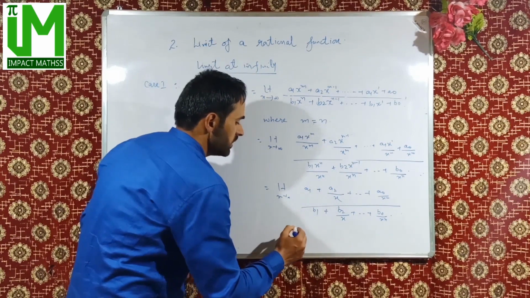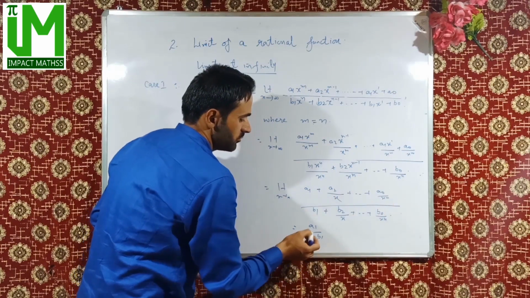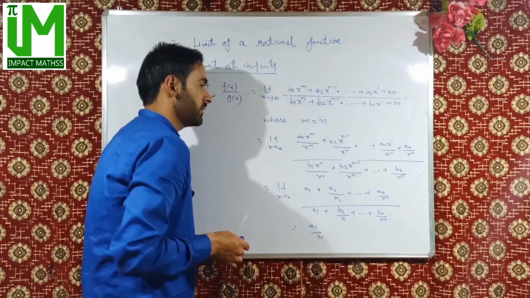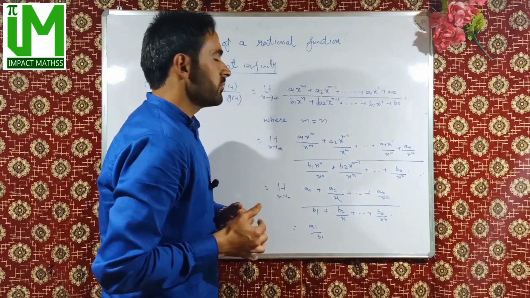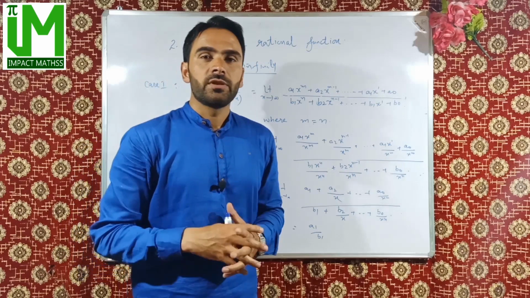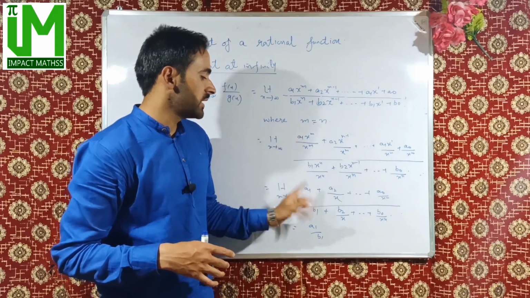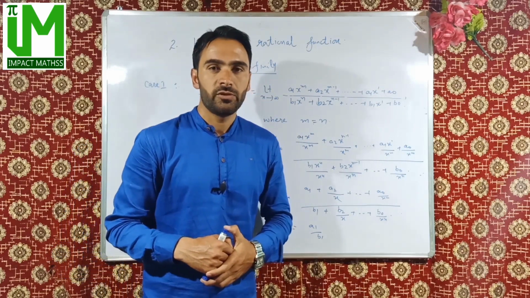So it will be a1 divided by b1 plus 0 plus 0 plus 0, so only a1 divided by b1. Which means that when the degree of the numerator equals the degree of the denominator, the value of the limit will be the leading coefficient of the numerator divided by the leading coefficient of the denominator.